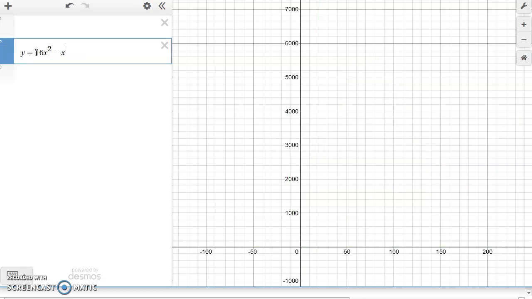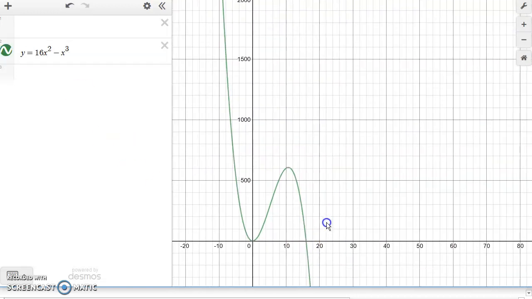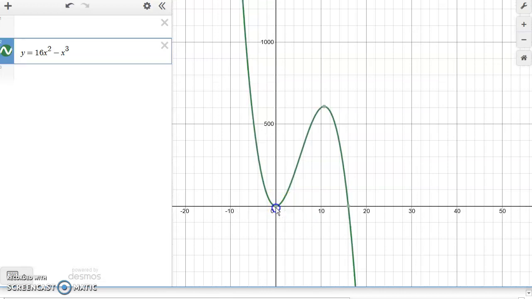And when I graph that, let me zoom in a little bit, we can see what our domain is. Well, 0 would be the smallest one, right? And then what is the largest x value? I can't have a negative area. Remember, y is going to be the area of this function. So I can't have a negative area, so that's the largest one. So it looks like our domain is from 0 to 16.